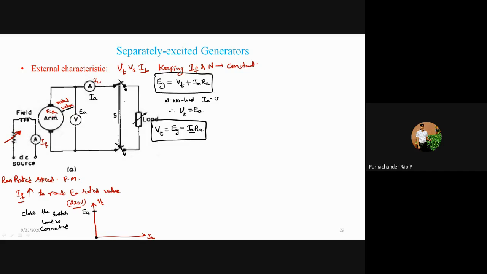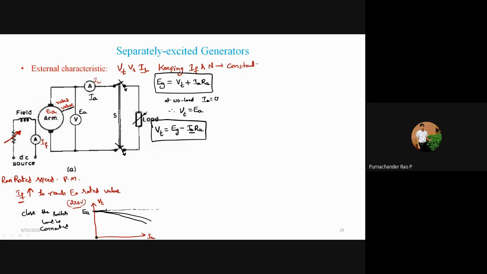For lower loads, for small values of armature current, the change in the terminal voltage from the no load value Eg or Ea is very small, and therefore you can observe that it is constant up to a certain point. This dotted line is the no load value, and for smaller values of load current, Vt is almost equal to the no load terminal voltage. Then if you go on increasing the load current, it decreases like this.